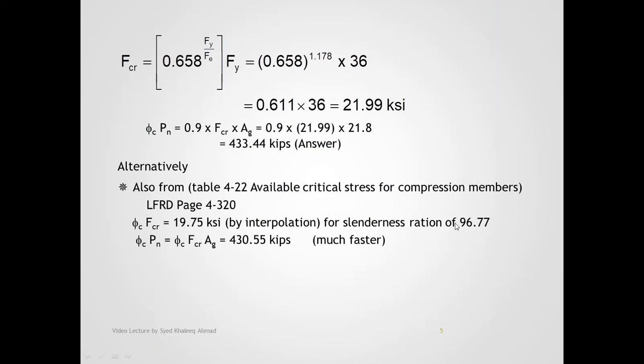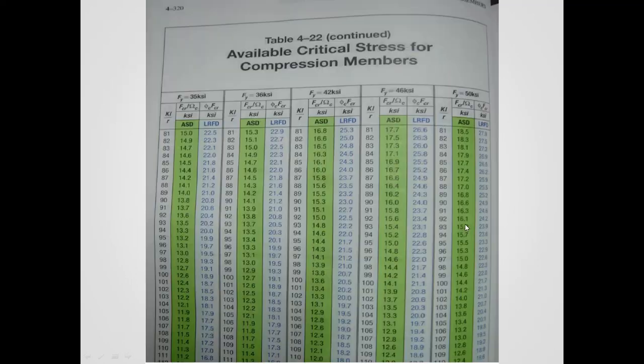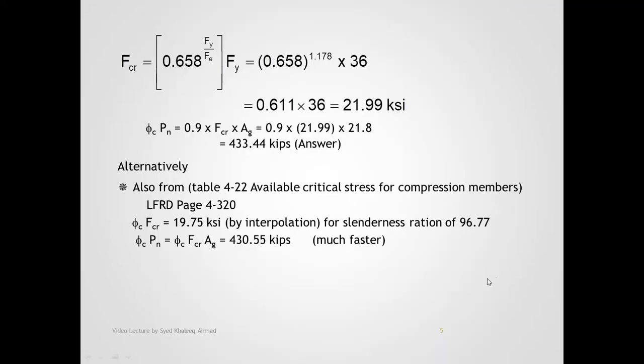Now slenderness ratio is 96.77, but if we go to this table, we don't have 96.77 here. So what we will do, we will take the value for 96 and 97, and when we come here, we find this value as 19.9, and for 97 the value is 19.7. So in that case, we will be doing linear interpolation to find the value at this 96.77.